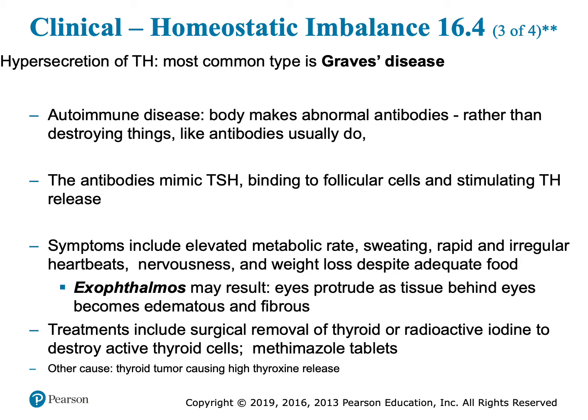An autoimmune disease just means that the immune system is confused, and the body starts to make abnormal antibodies, and these antibodies act like thyroid stimulating hormone, and they sneak in, bind to the follicular cells, and cause stimulation of thyroid hormone release. It shouldn't. It's an abnormal thing that this antibody is acting like thyroid stimulating hormone. I need you to make some more thyroid hormone.